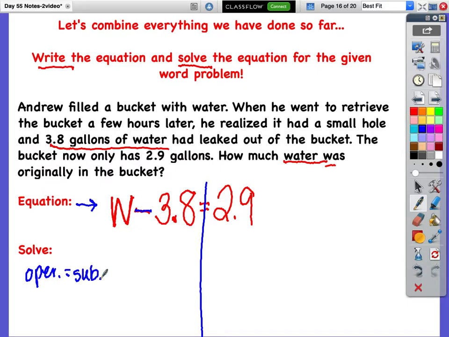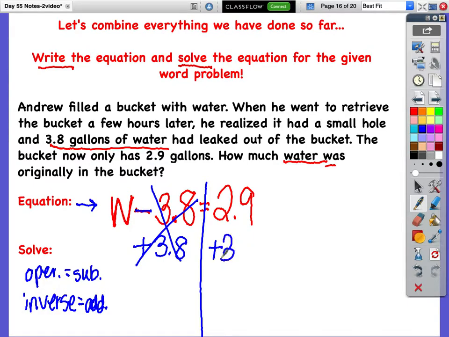So in order to solve it, to be good little detectives, we need to use the inverse, which is addition. So that means we need to add 3.8 to the left side in order for that to cancel out, because those are opposites of each other, and that just equals 0. So we added 3.8. We want balance and harmony in our lives.